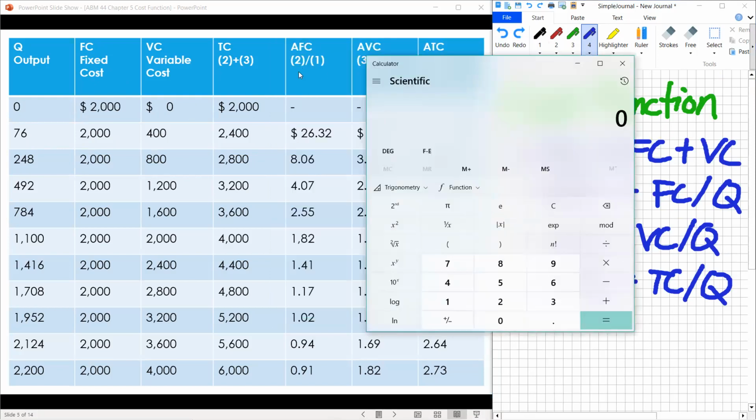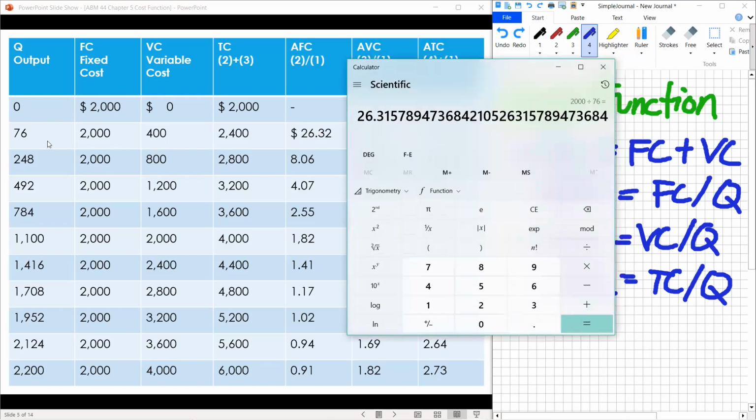Average fixed cost is where you just divide fixed cost, which is 2000, by the quantity, 76. So 2000 divided by 76, and you'll get 26.32. This is correct for the average fixed cost at an output of 76.